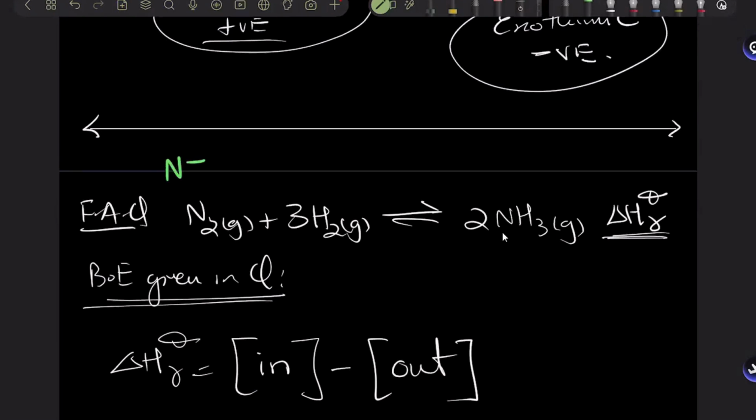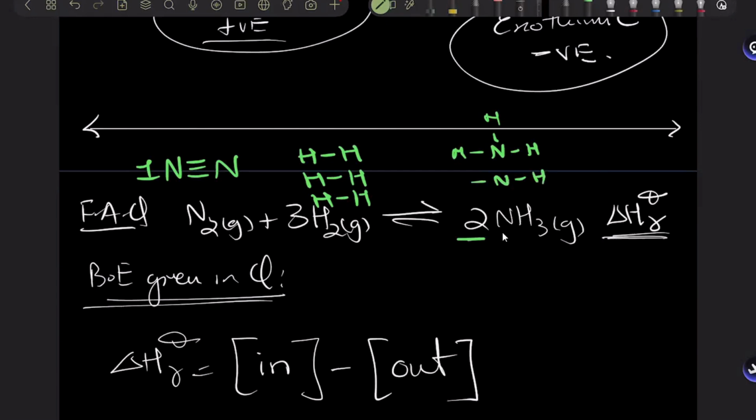N2 is nitrogen triple bond nitrogen, so you have 1 mole of N2. You have 3 moles of H2. One hydrogen molecule has 1 hydrogen bond, so 3 moles of hydrogen molecules. And NH3 is nitrogen, hydrogen, hydrogen, and you have 2 moles, so 2 NH3 molecules.